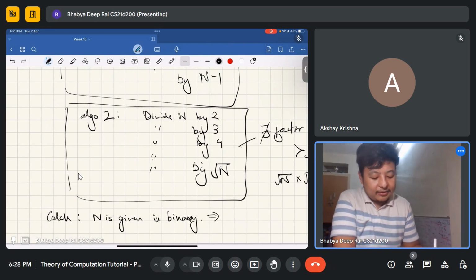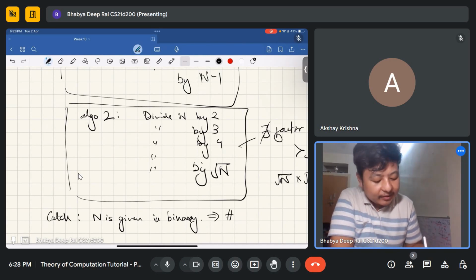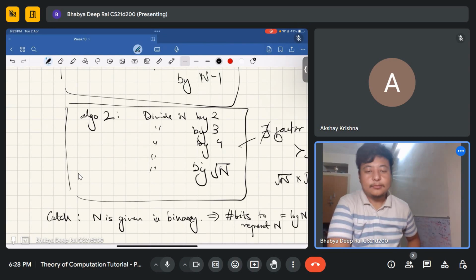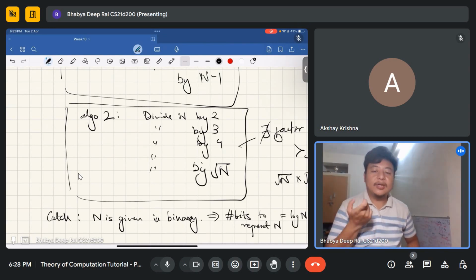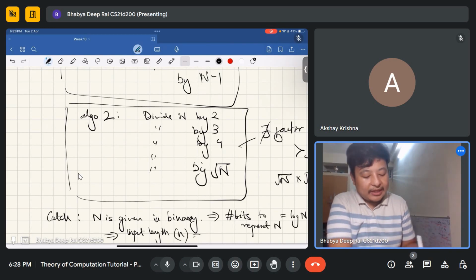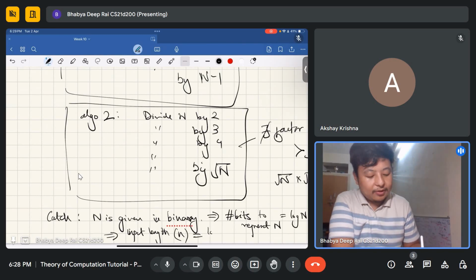The number of bits to represent n is actually log of n many bits. So the input length, that is small n, is actually log of capital N.